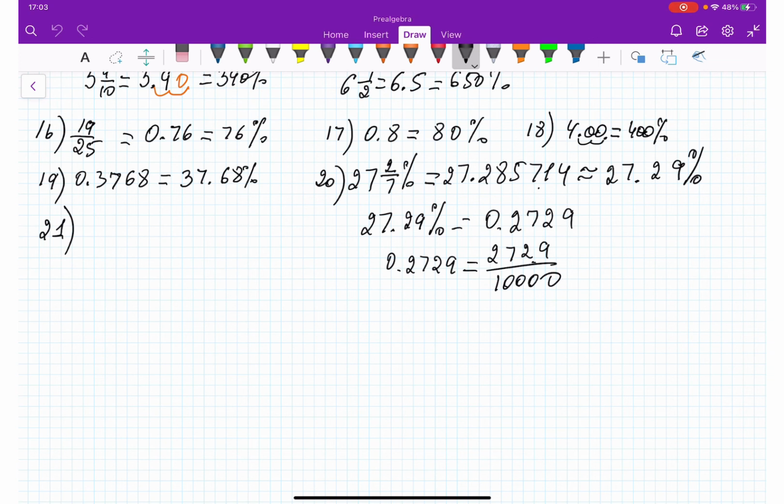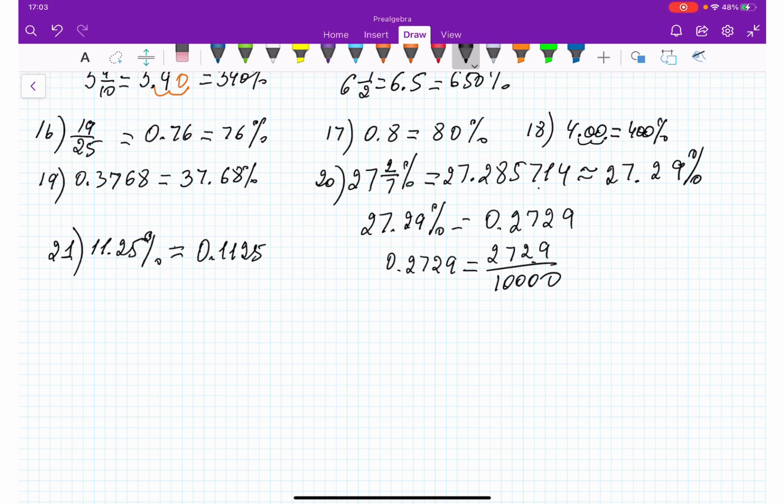Okay. 21. What do we have? 11.25%. So if we convert to decimal notation, I'm going to convert the percentage into decimal, which is going to be 0.1125.